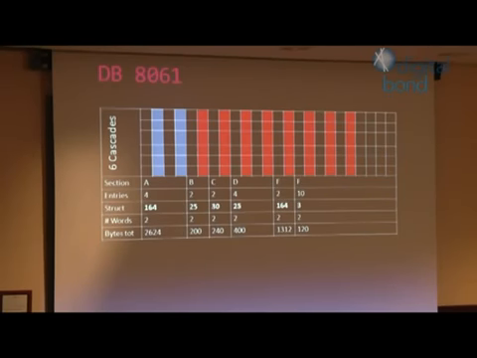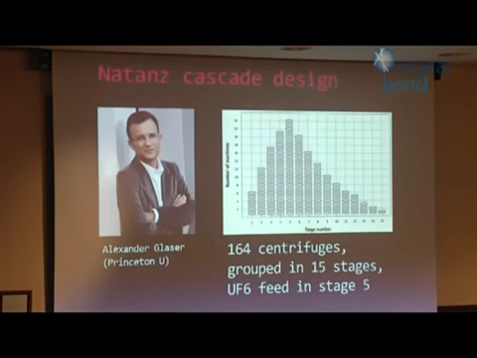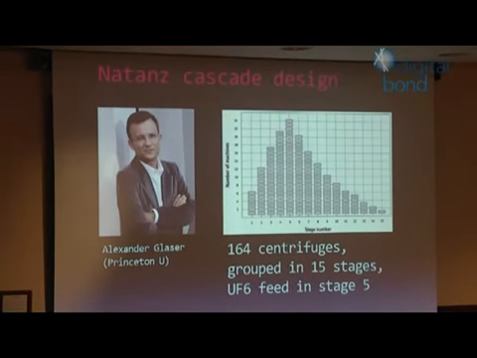And as it turned out, yes, you can establish some links here. It was actually not so difficult. When researching the open literature that had been published about the Natanz configuration, I came across a publication from Alexander Glaser. He's a nuclear scientist working at Princeton. And Alex computed a cascade model for Natanz.